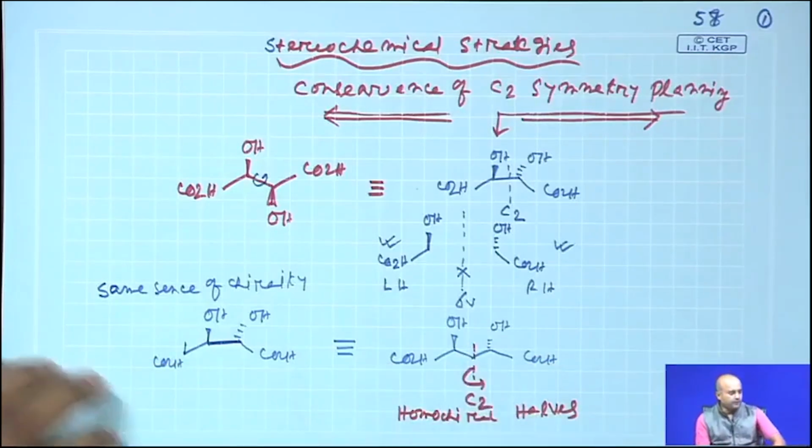Now, C2 symmetry plays a very important role in synthetic design, and we will explain it with the tartaric acid example first. In nature, many natural products are C2 symmetric, mainly because two homochiral molecules, with the same sense of chirality, dimerize. If both have the R configuration and dimerize through an achiral spacer, they give a C2 symmetric molecule.